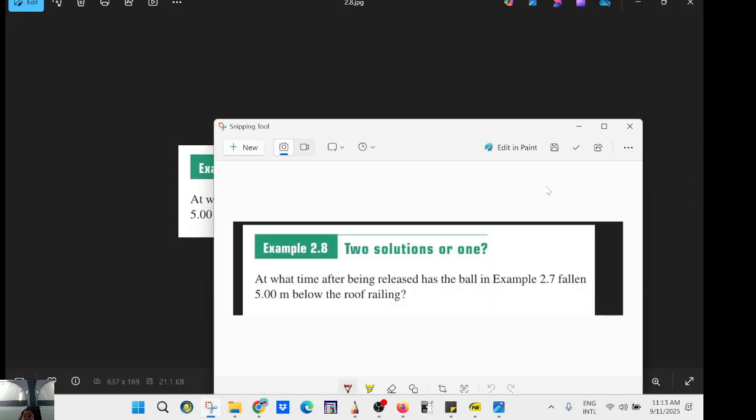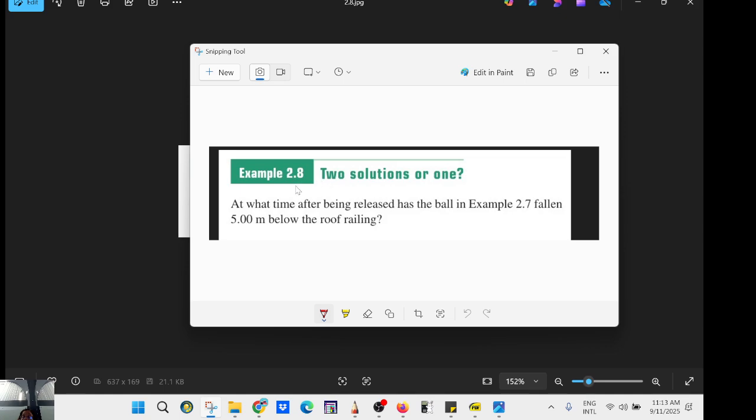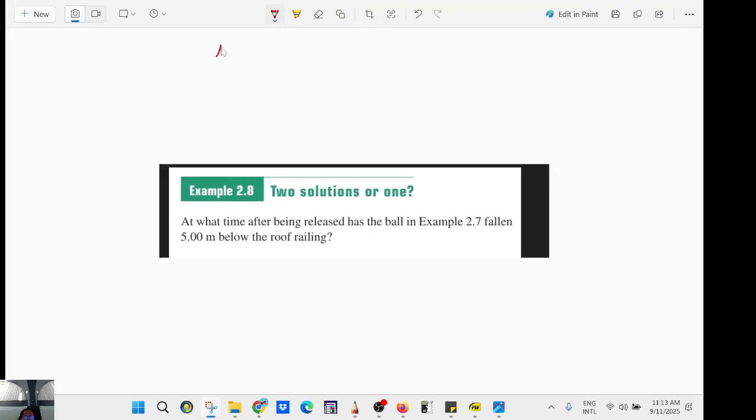Just lay out the equations, right? So the question here is the time elapsed, and in that case, you know the displacement is -5.